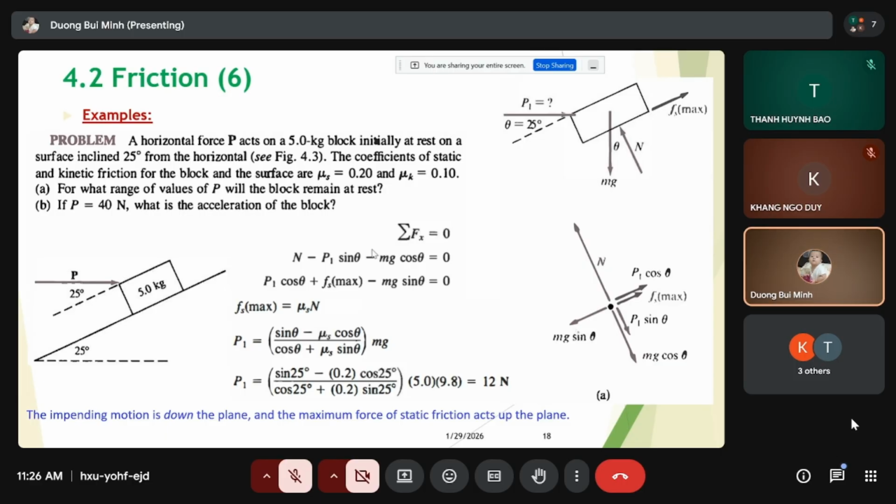Minus what? B cosine theta. Minus what? F S max. Right? Is 0.